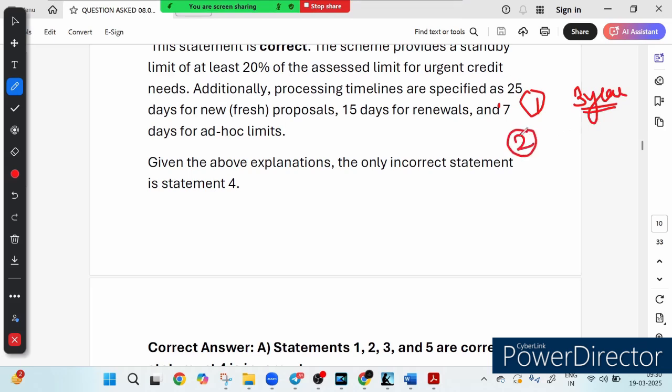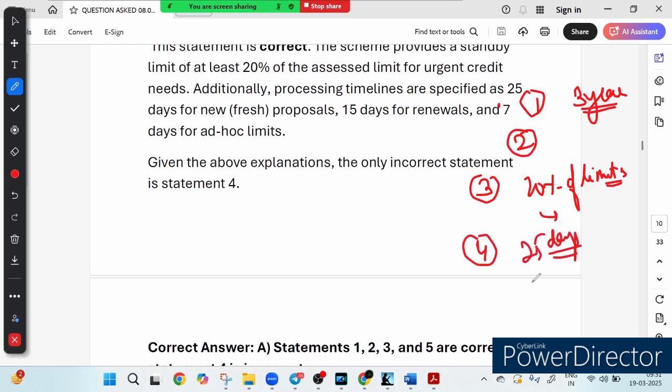Then we talked about the credit benefit: there is priority processing for loans, faster approval and automatic renewal of the limit. Then the standby credit: at least 20% of the limit is kept aside for urgent need. Then faster processing: 25 days for a new proposal, 15 days for renewal and 7 days for an ad hoc limit.